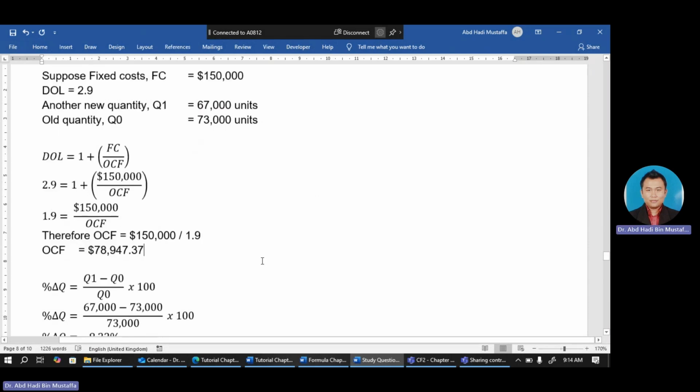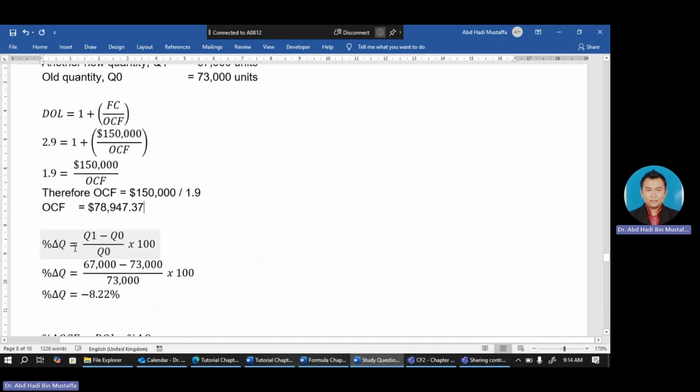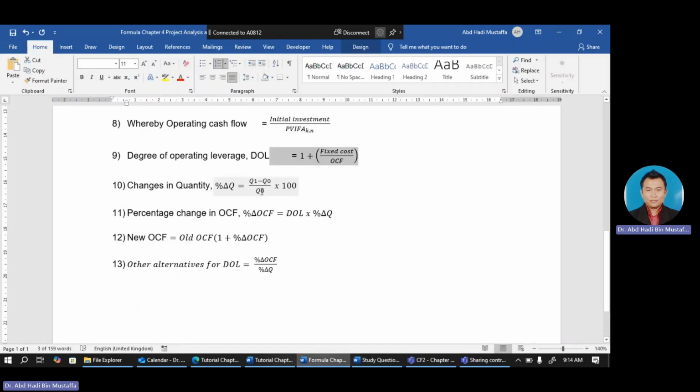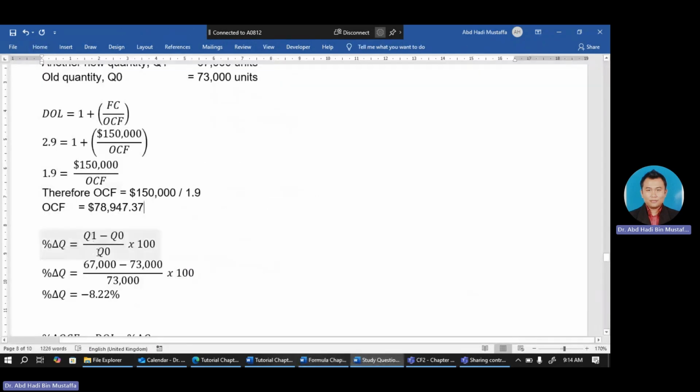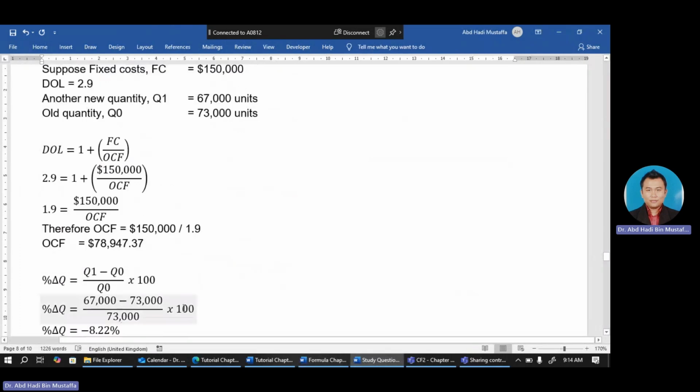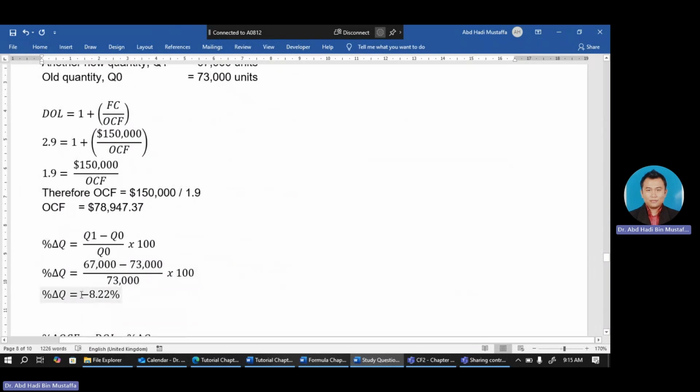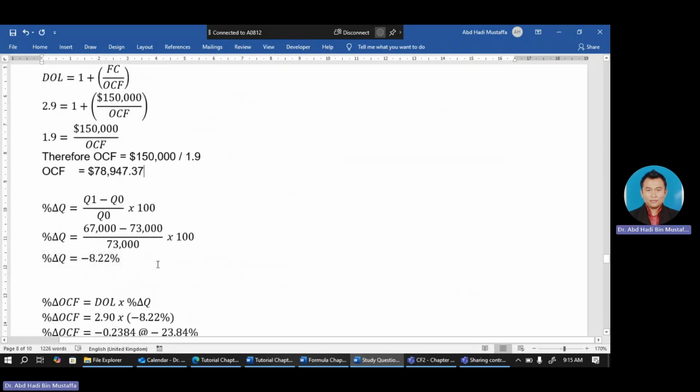Of course, kemudian you have to find the percentage change of quantity, which is formula number 10, iaitu 67,000 tolak 73,000 bahagi 73,000 kali 100, you get negative answer. Sebab apa? Q1 rendah. So you dapat negatif 8.22.